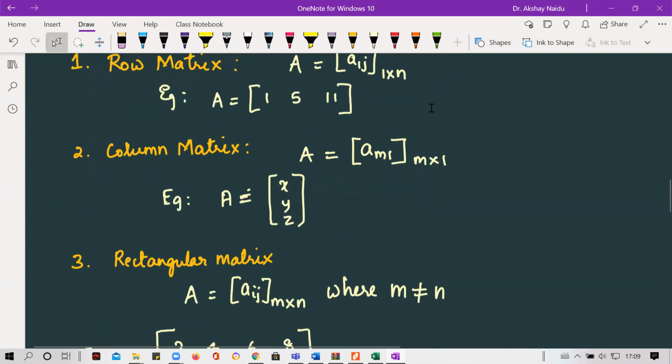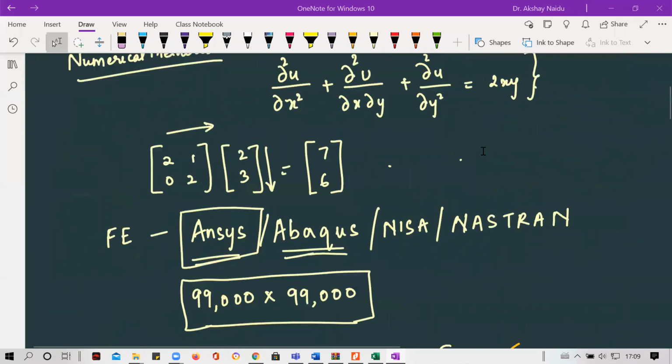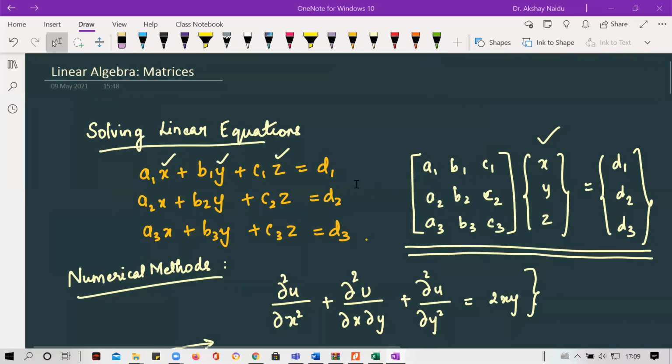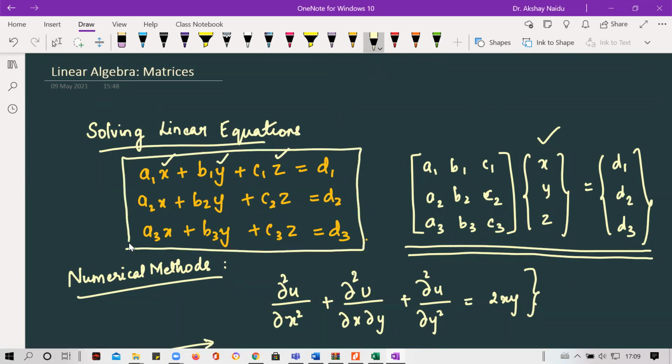Let us go back to this equation here. We have converted this linear equation into the matrix form. These are the diagonal elements a1, b2, c3. Now these play a very prominent role in your solution of equations.